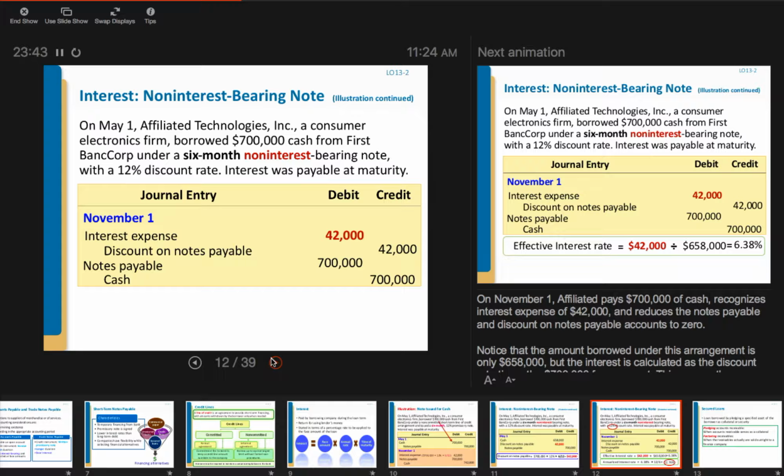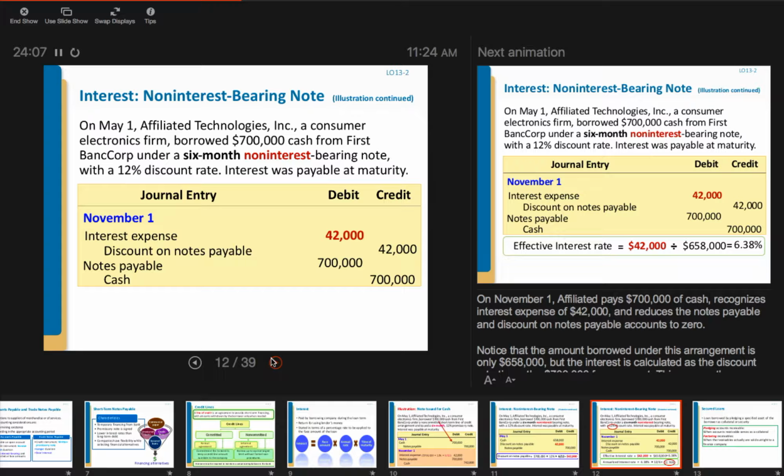But in this case, at the outset, we didn't call it interest expense because, why? Because time had not passed. Okay, remember, for interest to be earned, the time has to pass. So in this case, we don't actually call it interest on our financial statements until the time has passed, and then we change the discount to interest expense.